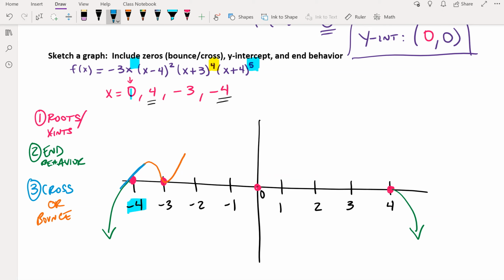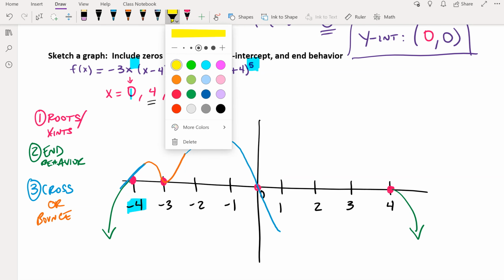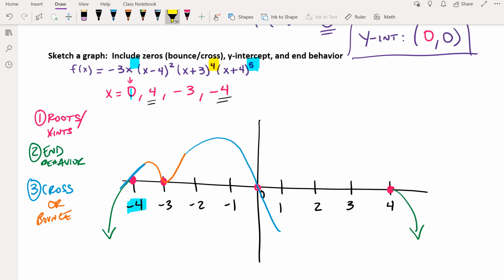So we are going to now change to blue, and we're going to come back down and cross through 0. And then the last solution we have, or root we have, is x equals 4. That came from an even exponent, which means we need to bounce. So we're going to bounce at x equals 4. All right, sweet. And then we are done.